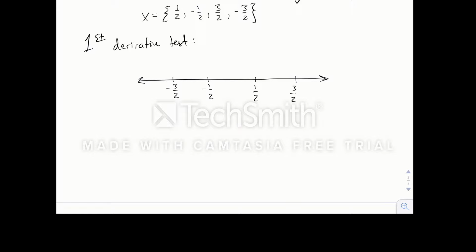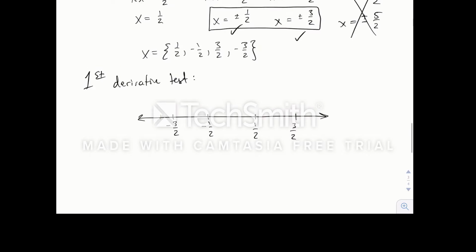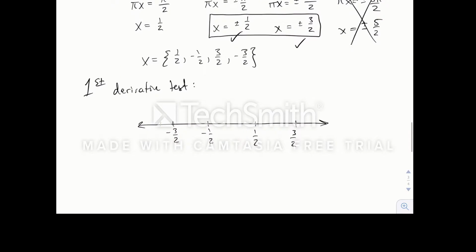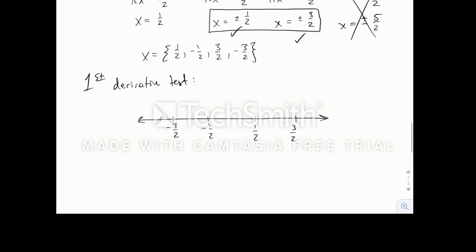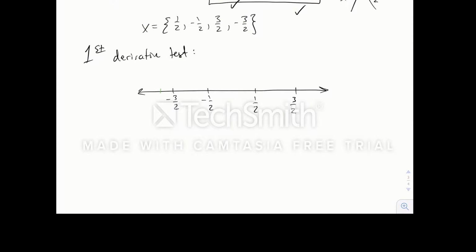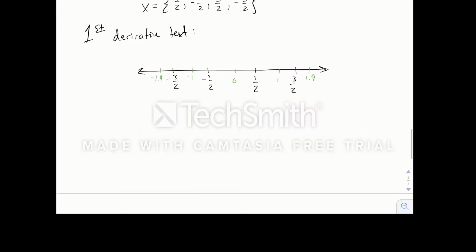And let's pick points on either side of all of these. Let's take something between -2 and -3/2, it doesn't really matter, let's just take -1.9. Then we can take -1, 0, 1, and 1.9.